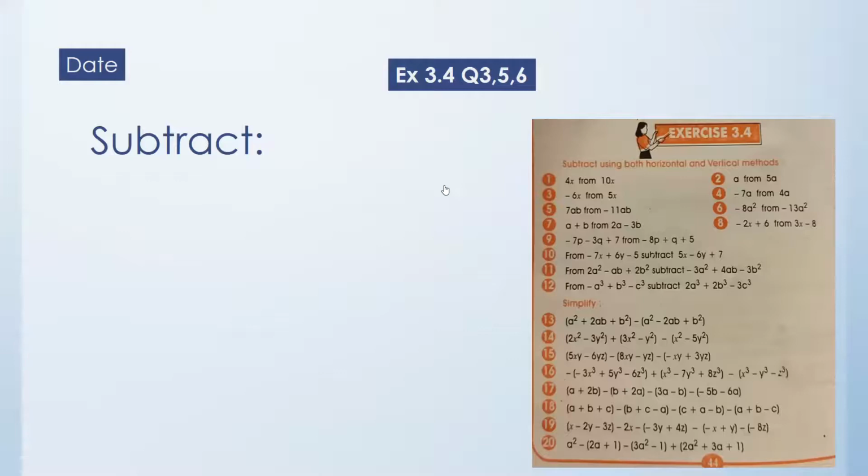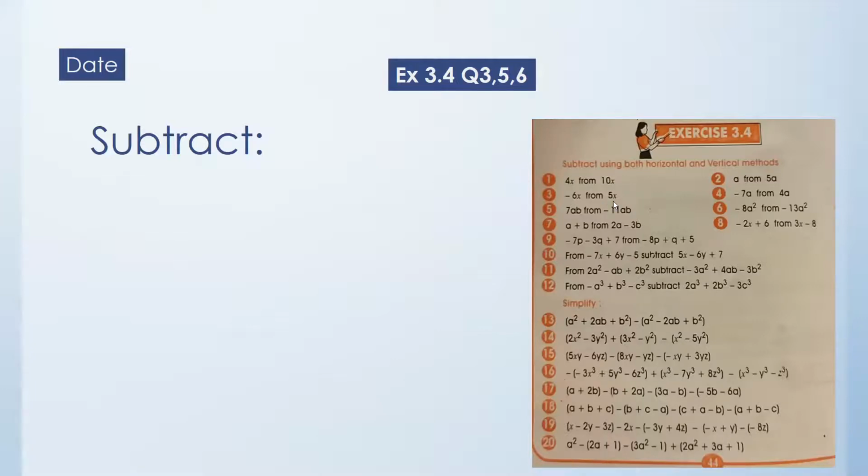Now, students, one by one, you have to show me how you are completing this question. Okay? First of all, here Ajba Muzaffar is there. Ajba, unmute yourself, bete, for question number 3. Ajba, in question number 3, minus 6x from 5x.